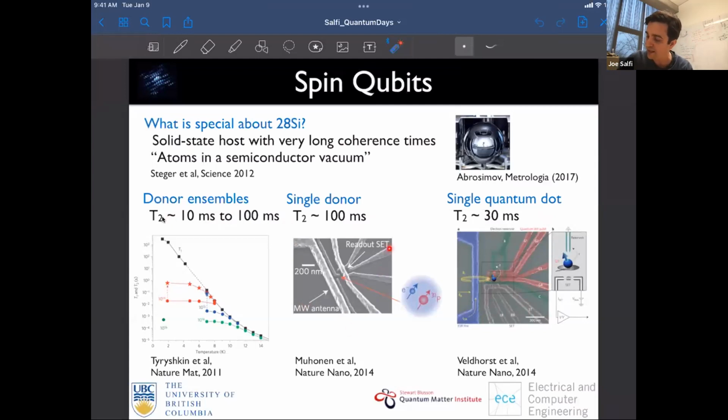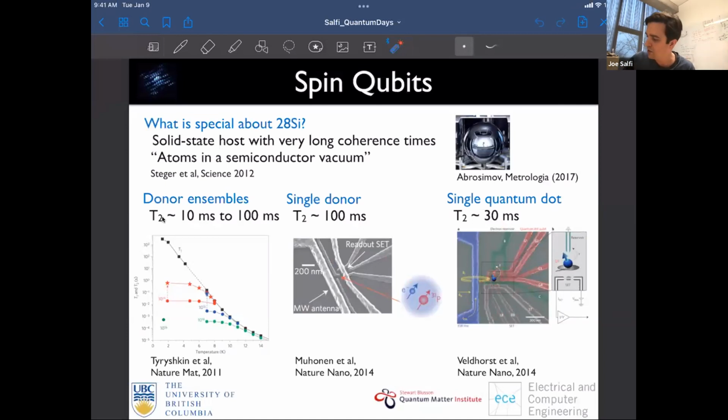What's happening in these devices is that you apply voltages onto a set of electrodes defined on the surface of the semiconductor, and it allows you to load a single electron onto, for example, a phosphorus donor in this case, or just directly beneath one of the gates, in this case for a quantum dot.